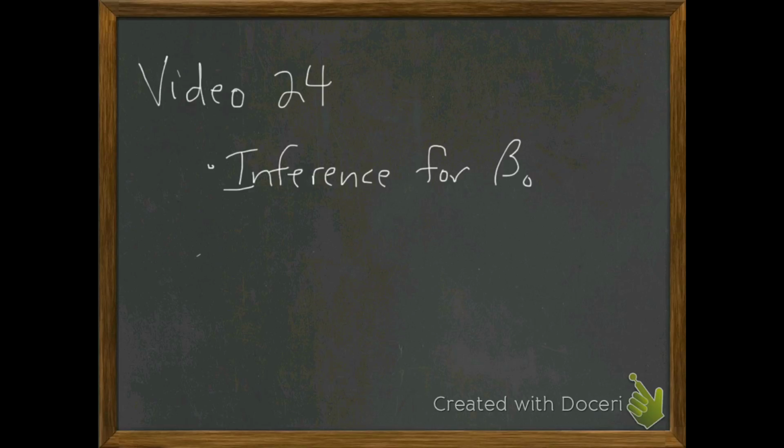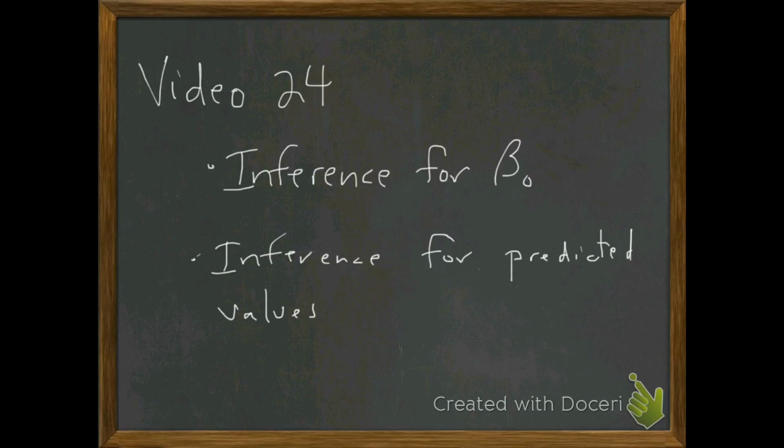Next thing we want to do is make inferences for predicted values. And we're going to do this in two cases. We'll do parameters unknown first. And second, we'll do where the parameters are known.